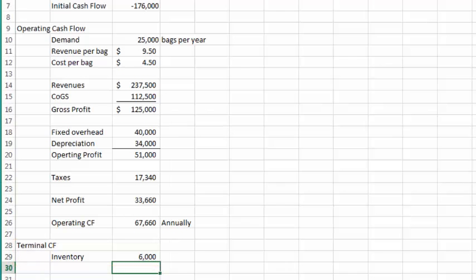The other thing to note is the signs. Initial cash flow of negative 176,000 because I'm having to invest that up front. And then the positive 67,660 for 5 years comes in positive. I actually get cash flow coming in. And then at the end, I get my $6,000 back. So those signs are critical. We have to do those correctly.